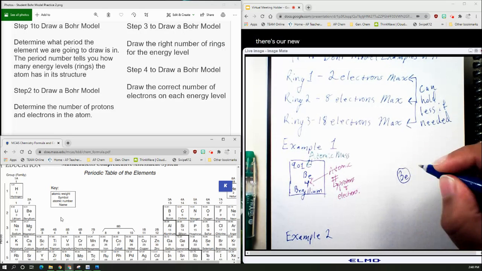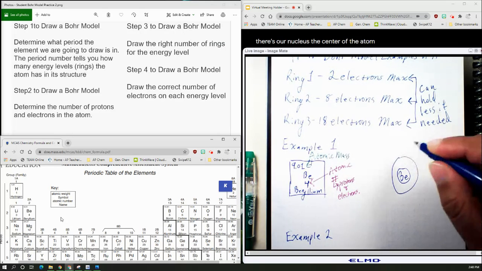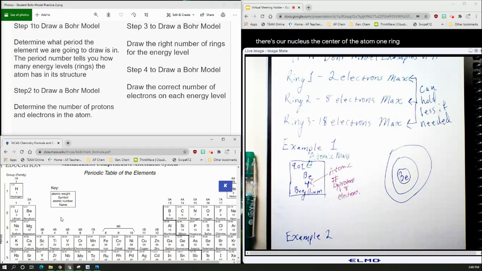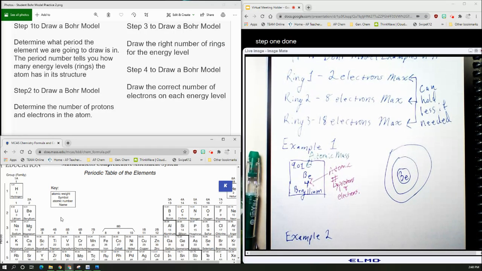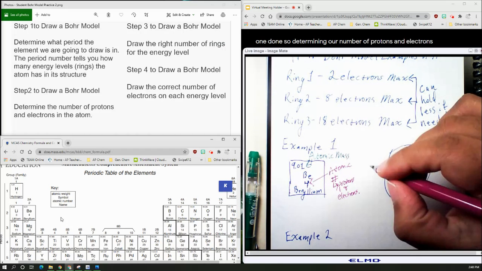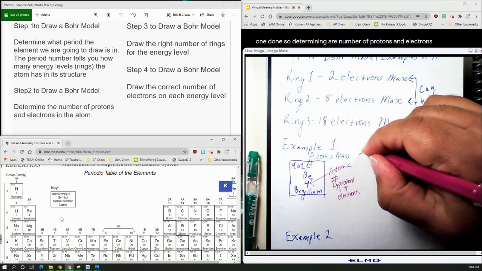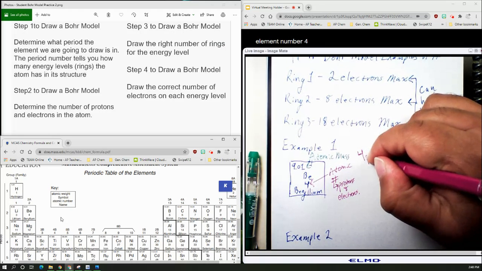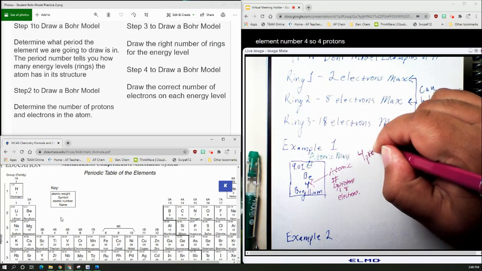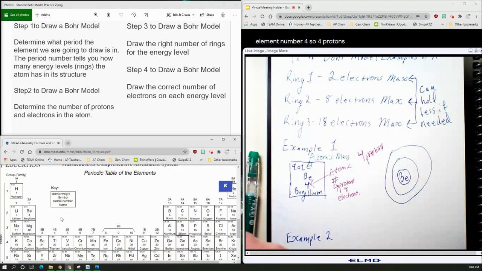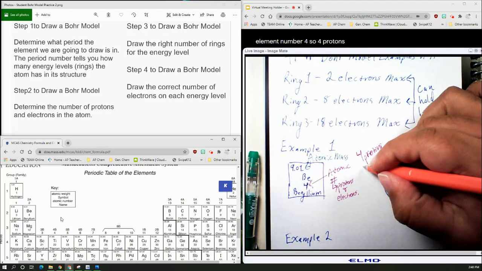So there's our nucleus, the center of the atom. 1 ring, 2 rings. So that's step 1 done. So determining our number of protons and electrons. Well, it's element number 4, so 4 protons. And 4 electrons.